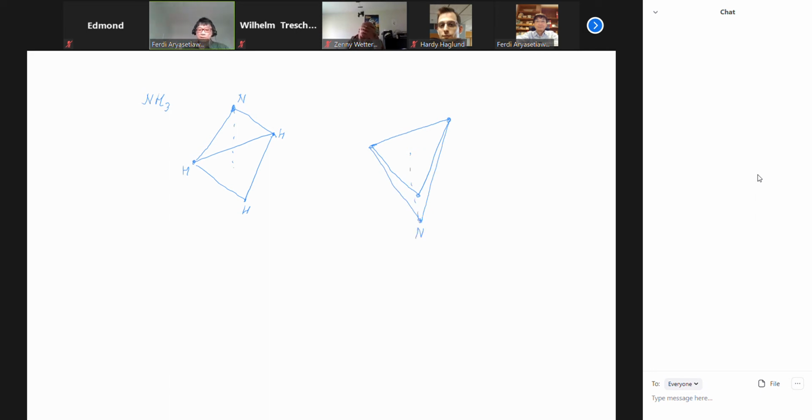So there are two configurations where the nitrogen atom can be above the plane of the hydrogen atoms or below. These two configurations should have the same energy.